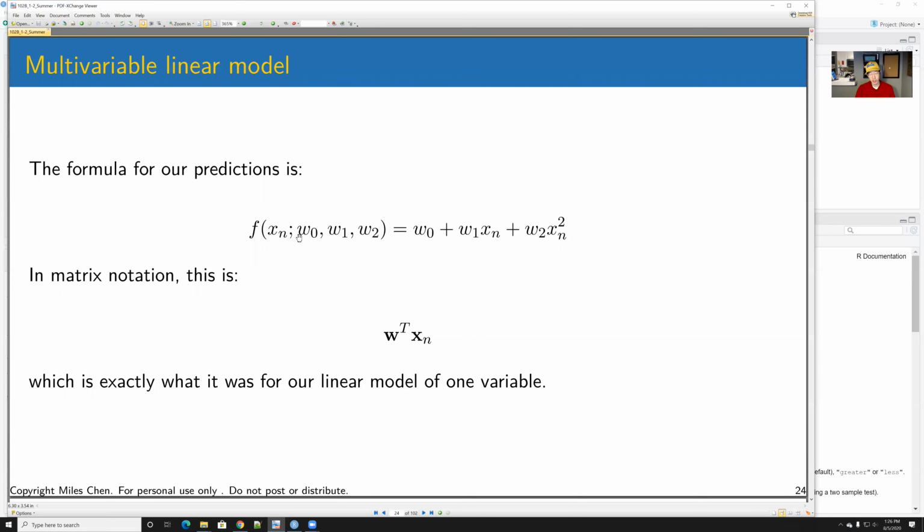If you have a vector or matrix that combines all of these weight terms, the predicted value is still W transpose X, or at least X n. That's exactly what we had for the linear model with one variable. This is still W transpose X.